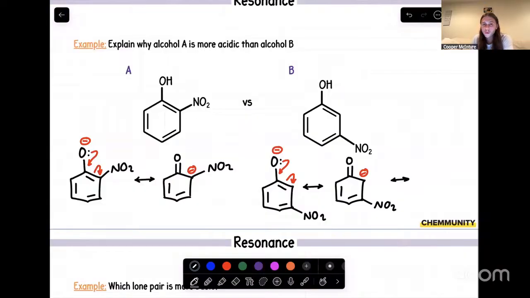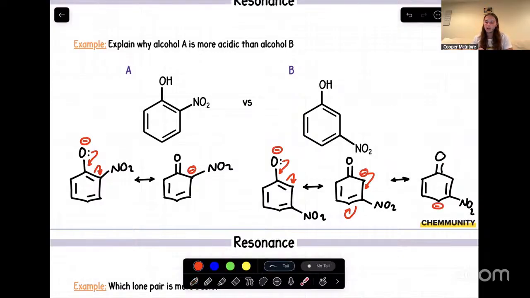And if we were to still showcase our resonance forms, negative charge will drop down, electrons from our pi bond will fall back onto carbon, and then we would get something that looks like this, where our negative charge is no longer on the carbon with the nitro group, it's now at a carbon that's away from the nitro group.